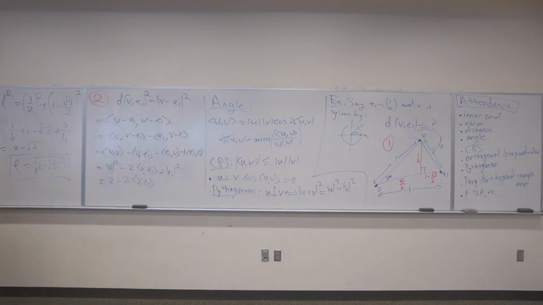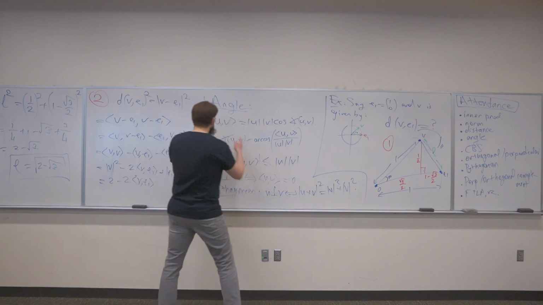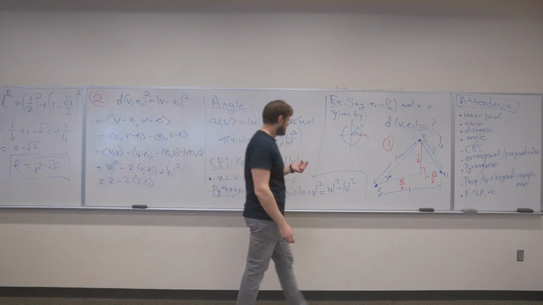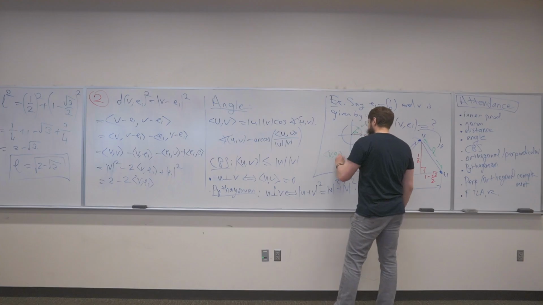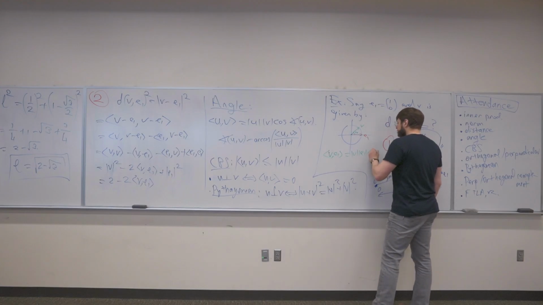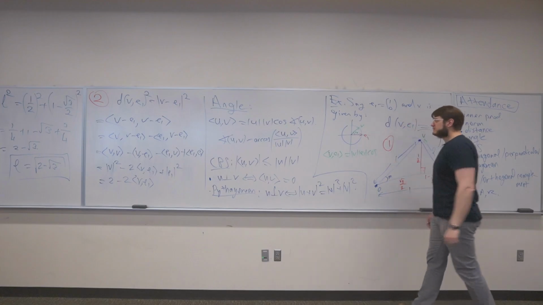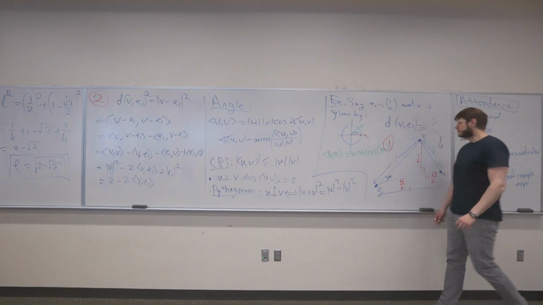Now the final thing we need to use is the angle information. I need to say something about V against E1. Well, it says V against E1 is V norm times E1 norm times the cosine of the angle between them. The angle is 30 degrees. What is cosine of 30?